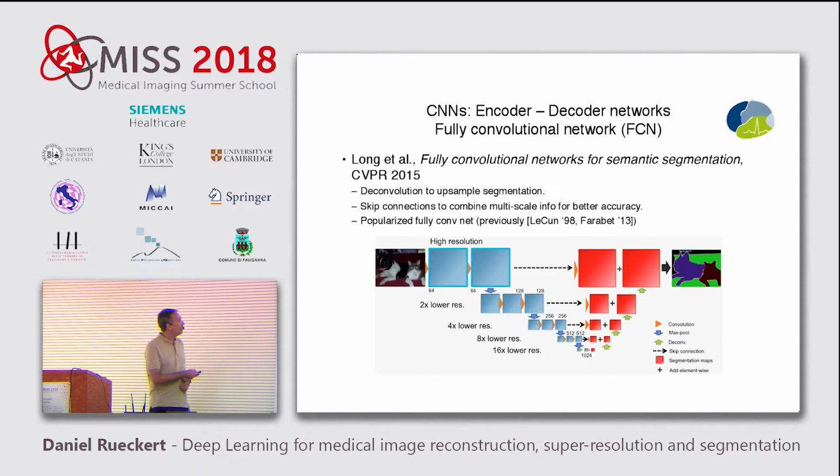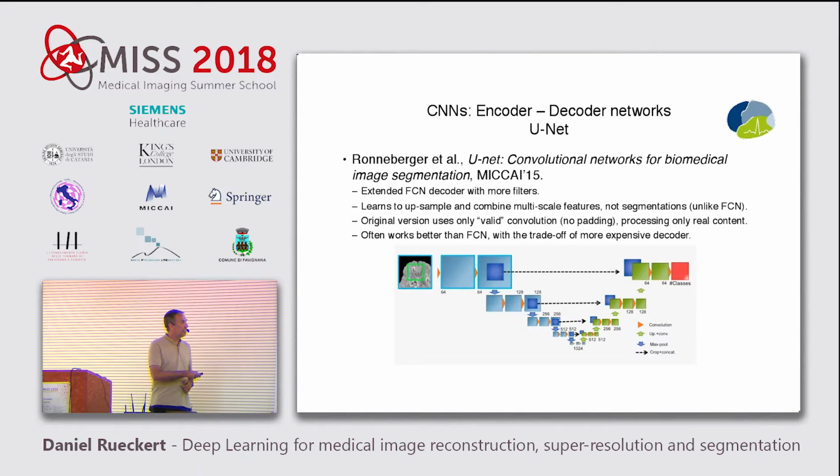This is slightly different to the UNet approach from Ronneberger, which has a very similar looking architecture, but instead they upsample the feature maps rather than the segmentations. It's not a huge difference, but it's actually a very sensible thing to upsample the feature maps, and again it's something we can use in a number of different applications.